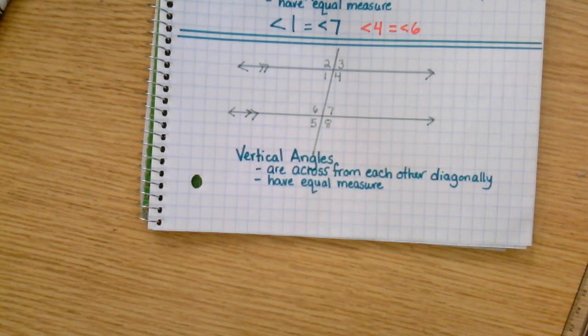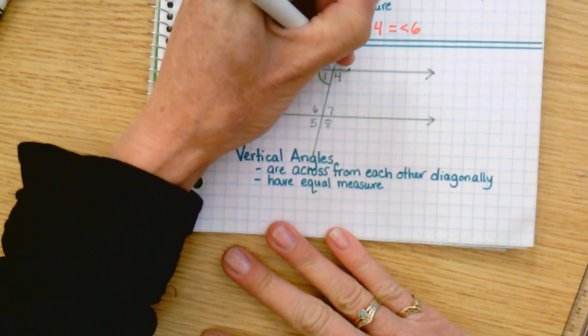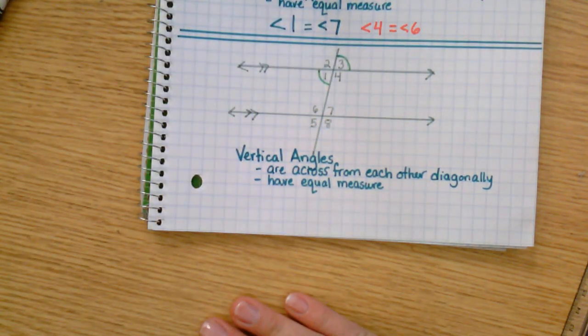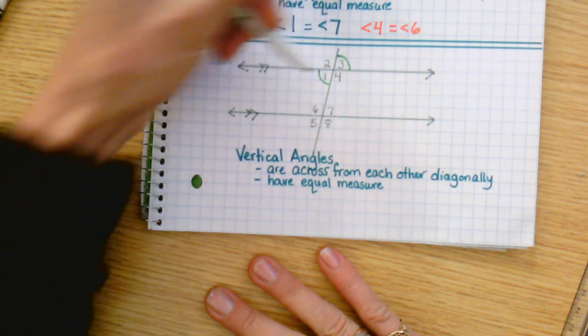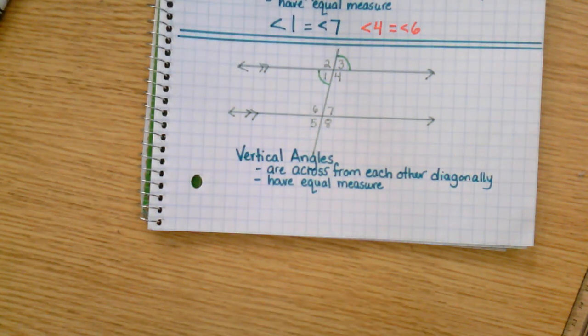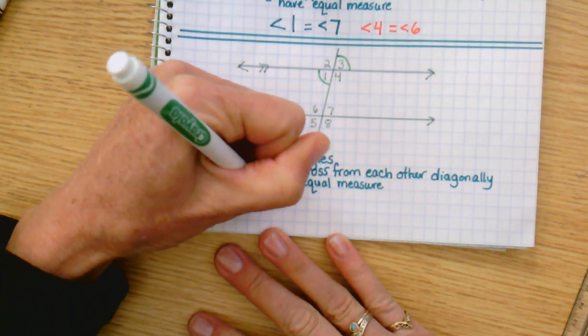So let's look up at this diagram and see if we can identify all of the pairs of vertical angles up here. I'll start you off with the first one. Angles 1 and angle 3 are vertical angles. They are diagonally across from one another. So that means that they have equal measure.